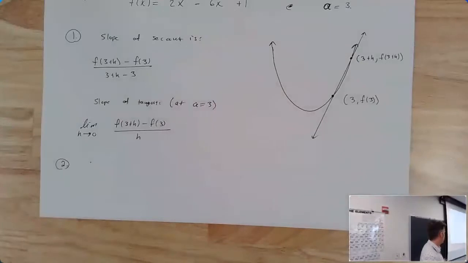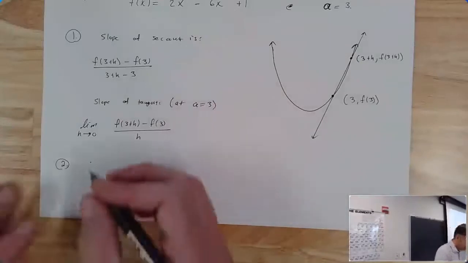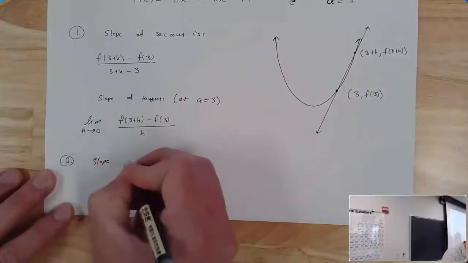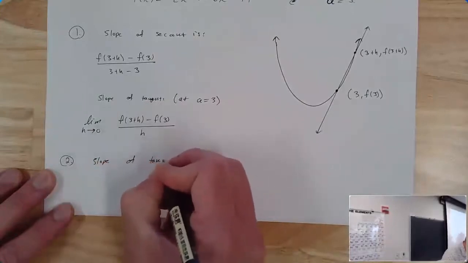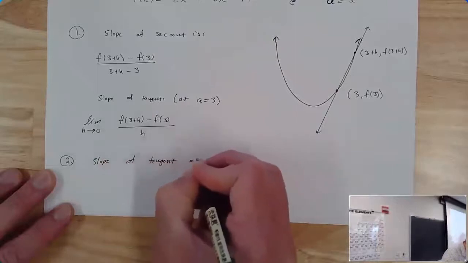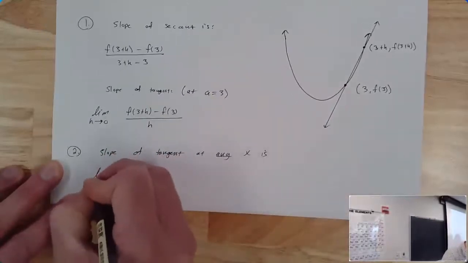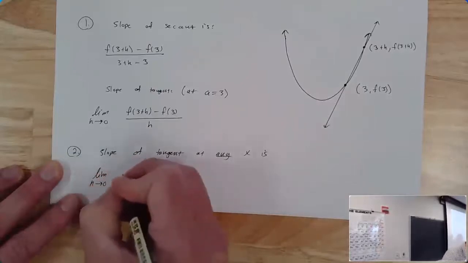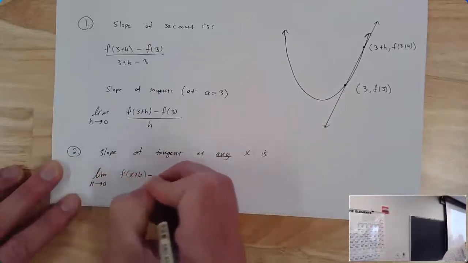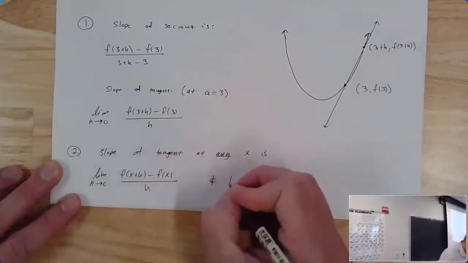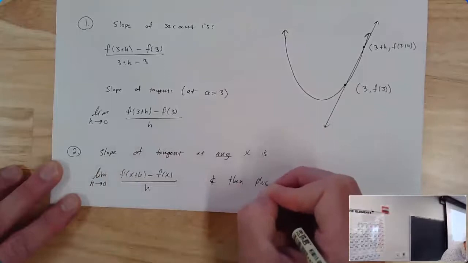The other way people do this, which is the way we're going to do it eventually, is by finding the slope of the tangent at any value x. So the slope of the tangent at any x is going to be the limit as h goes to 0 of f of x plus h minus f of x all over h, and then plug in 3 for x.